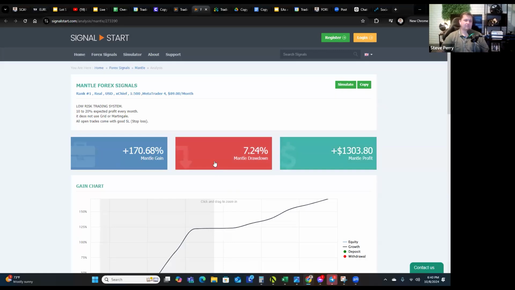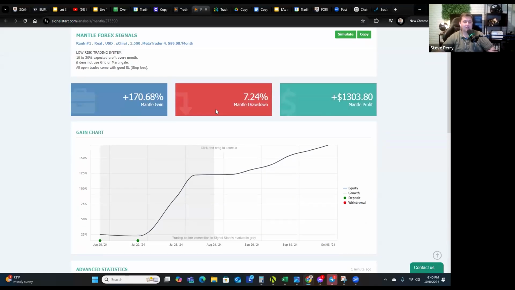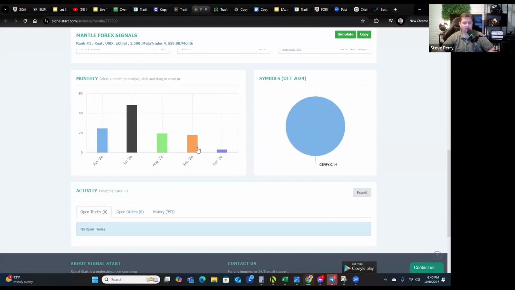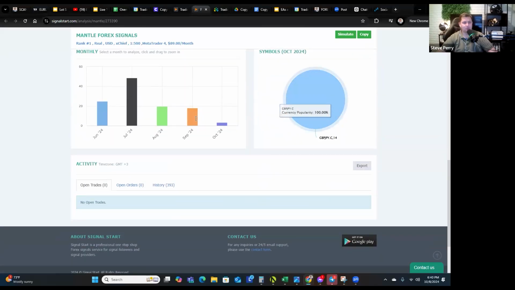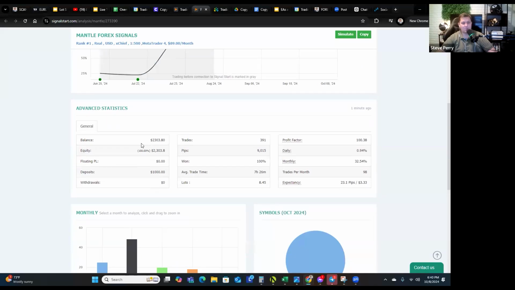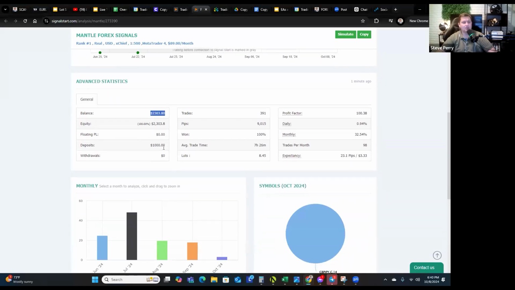Anyway, there are a lot of different ways you can make that work. But this is an example of a place where you could look at their statistics. You can be like, okay, their account balance is $2,300. They deposited 1,000 originally and made a 170% return. They've taken 98 trades per month.